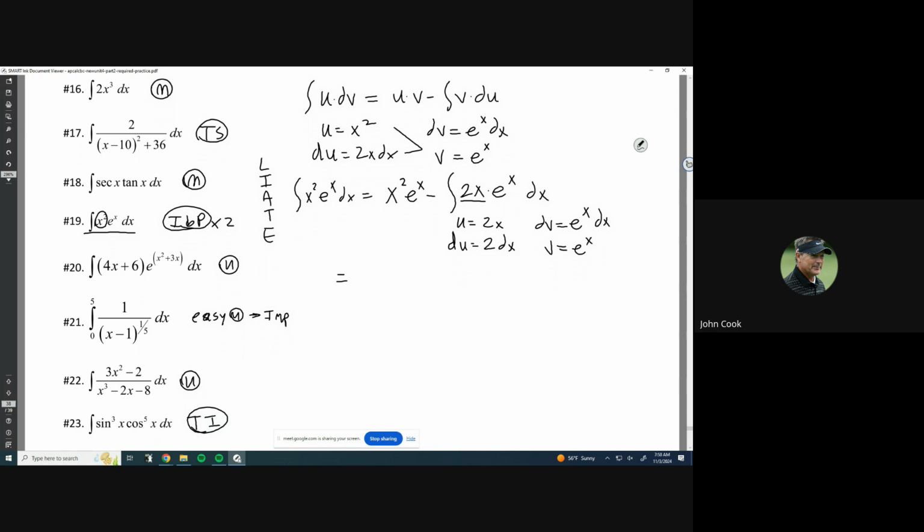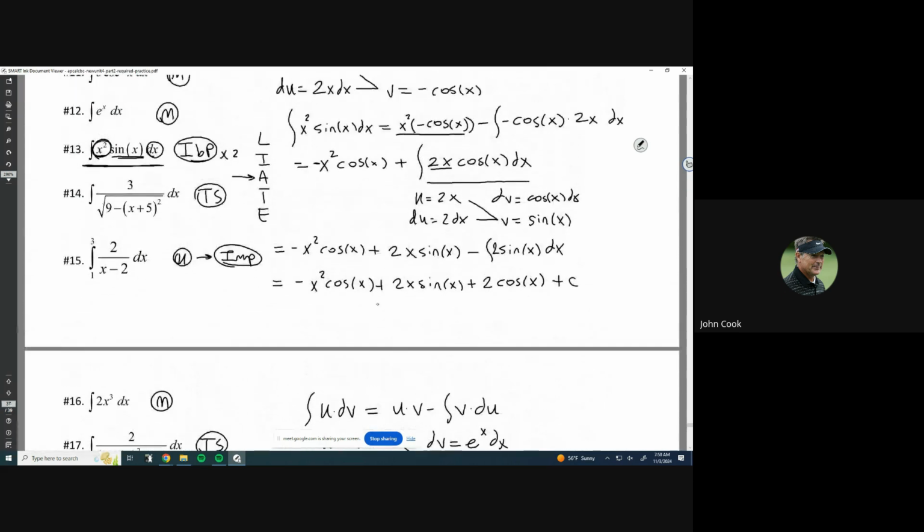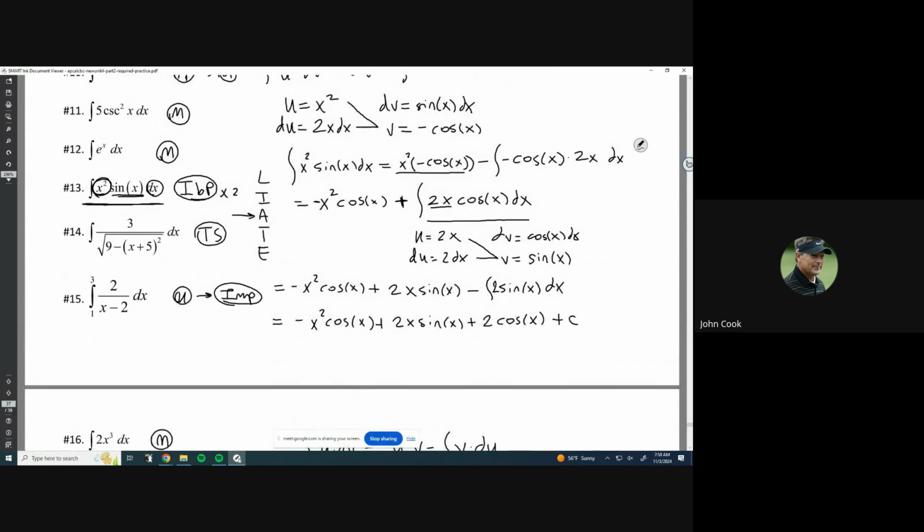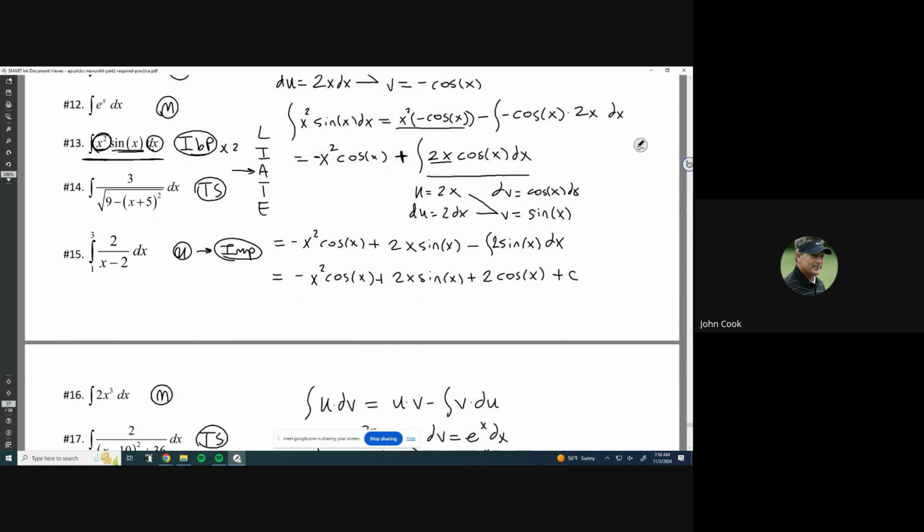All right, so now I just keep writing. So let's see what we've got here. It's going to be x squared e to the x. That's going to be the same, minus, and then I do my integral. Now, this is an important thing to notice. Notice that I've got this negative here. In the previous problem, when I had to do it twice, I had a plus in front of this integral. So all this stuff was okay because of this plus sign.